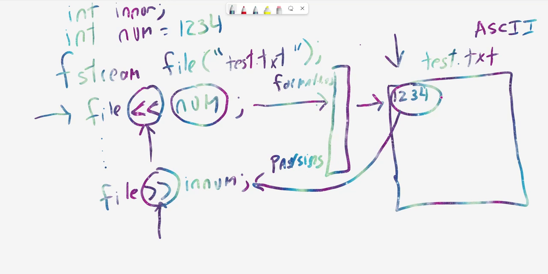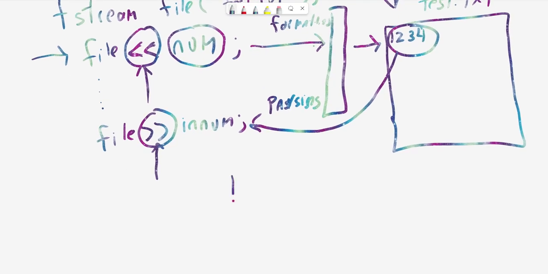This thing that I just explained only pertains to text files, where you can use the insertion operator to format to a file and stream it out, and then use the extraction operator to extract data and parse it. With binary, this does not exist. We have no concept of that. Binary doesn't even know what formatting is. It doesn't know what parsing is.